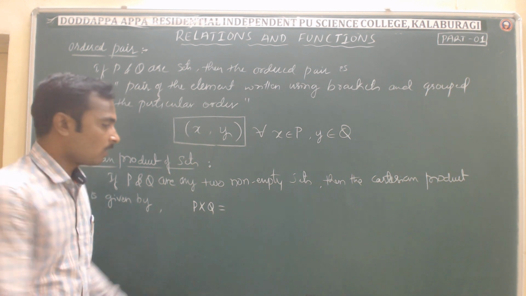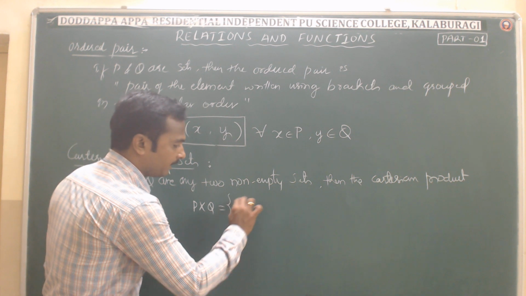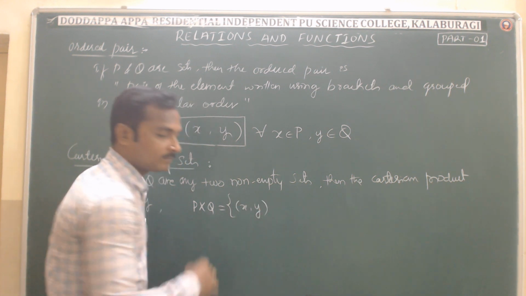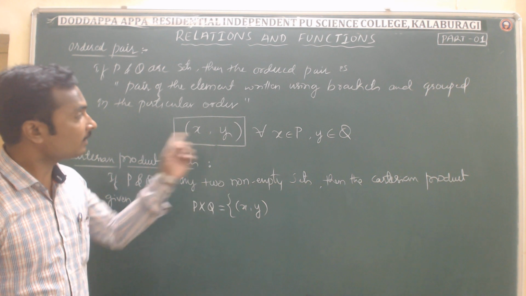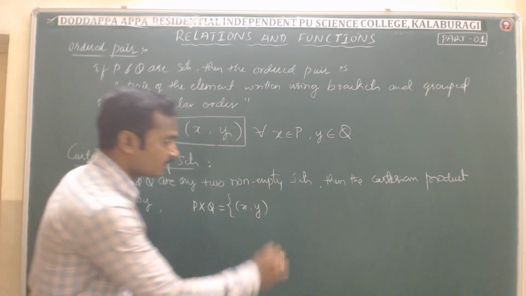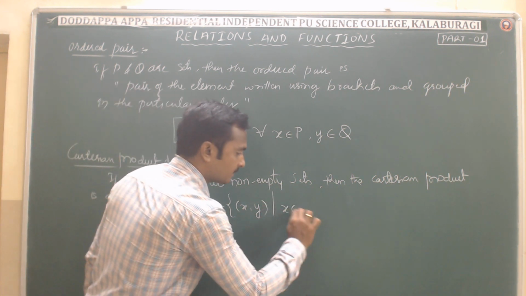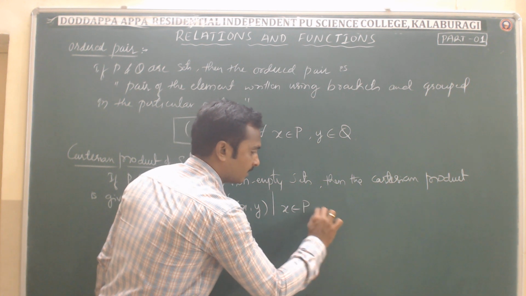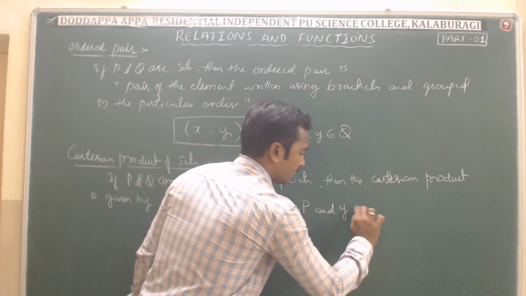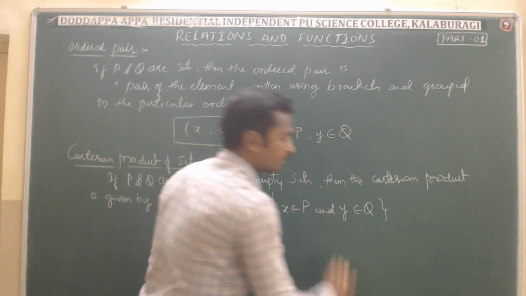P cross Q containing the set of all ordered pair elements x comma y, such that each x must be an element of the first set P and each y must be an element of the second set Q.